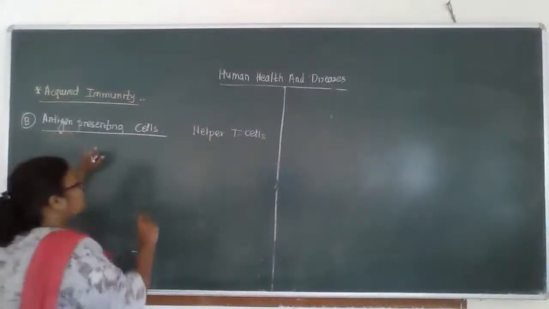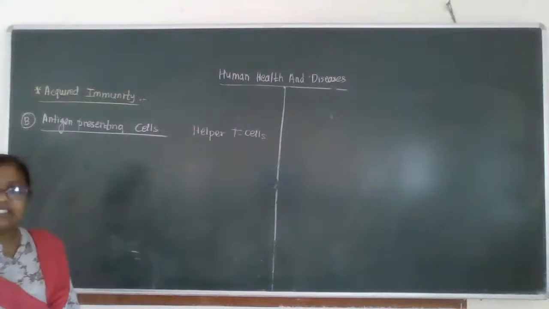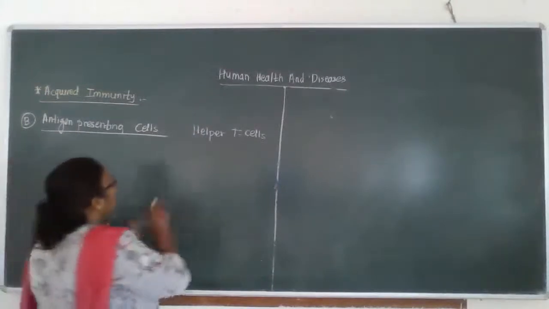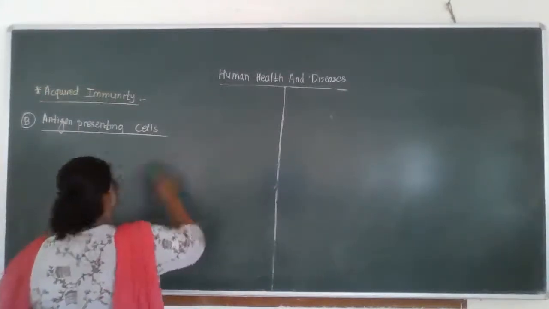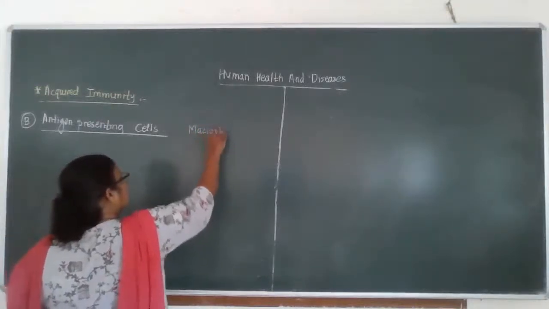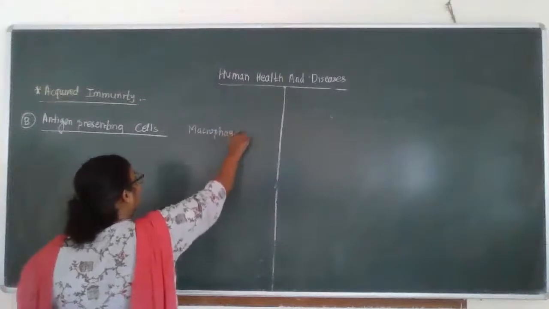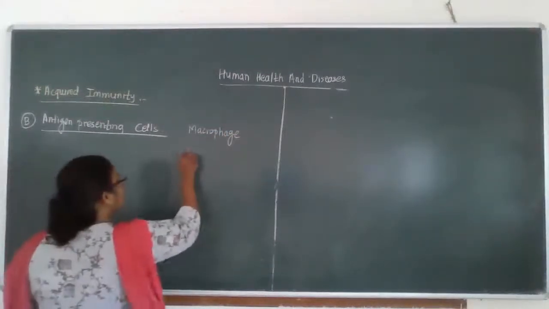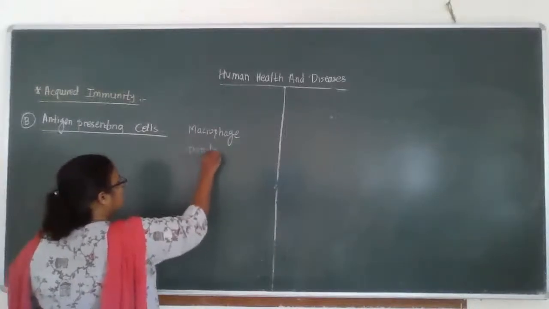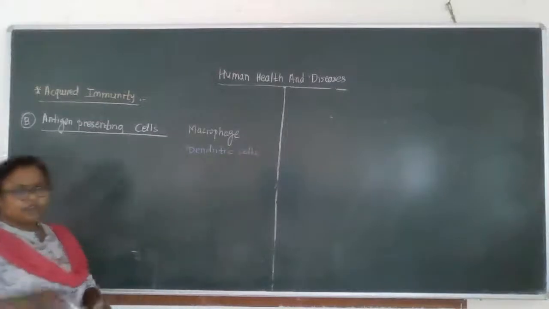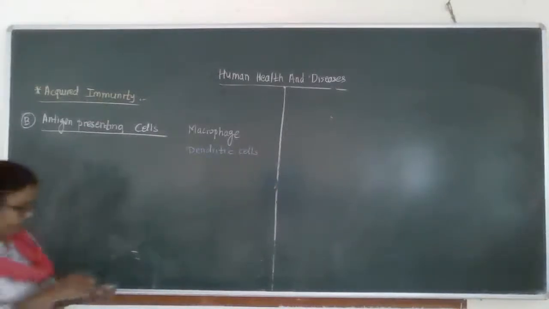So which cells are called antigen presenting cells? Especially our macrophage cells, then dendritic cells, and even the B lymphocytes.